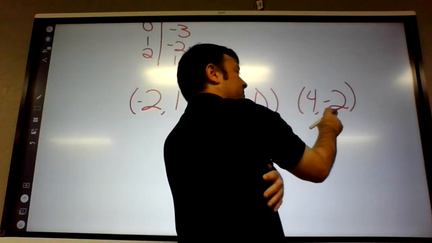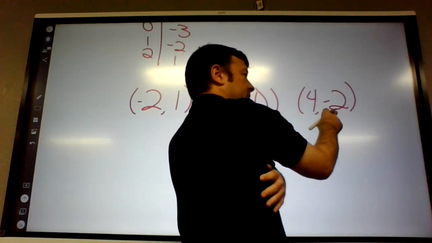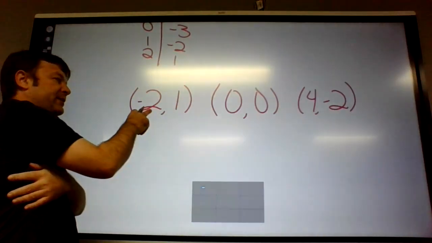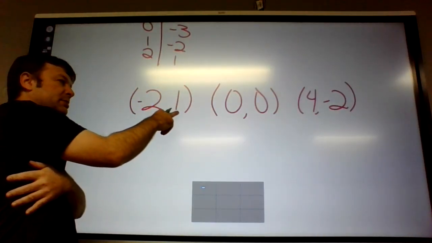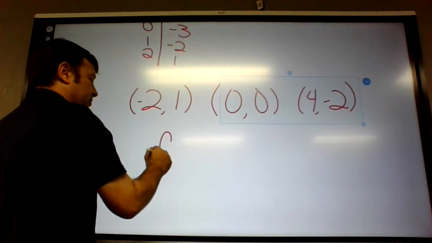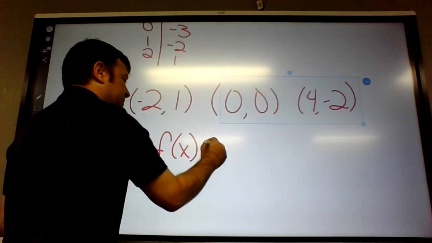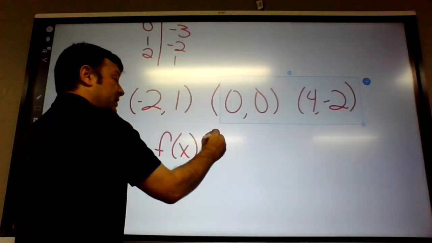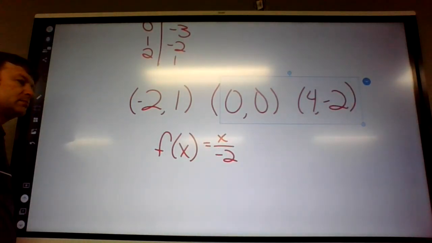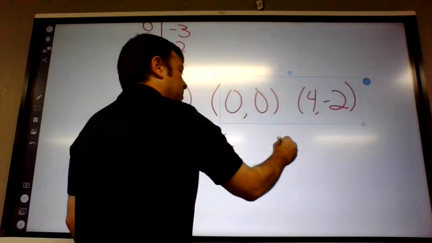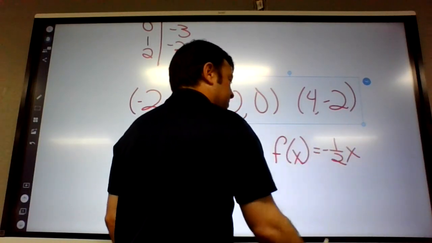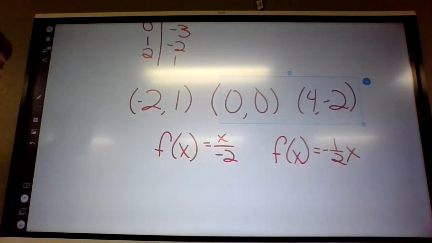If I divide by 2, that gets me to 2. If you divide by negative 2, that switches it to negative. Is negative 2 divided by negative 2 1? Is 0 divided by negative 2 0? Yeah. So we're writing a function where we have to divide the x value by negative 2. The book probably wrote this instead. You don't have to, but just saying times negative 1/2.